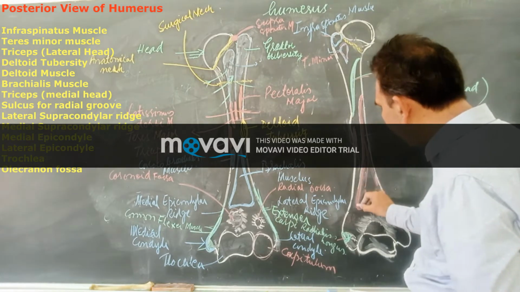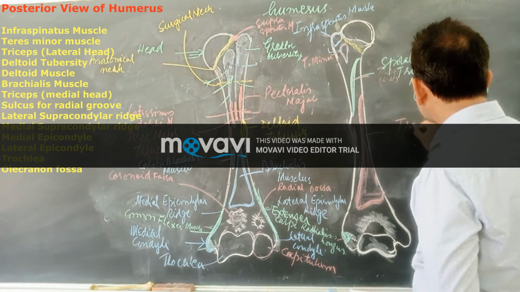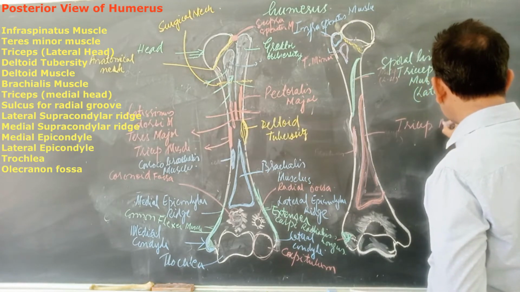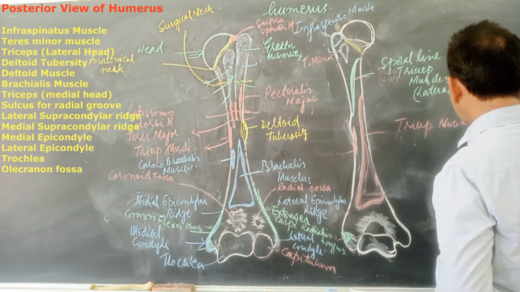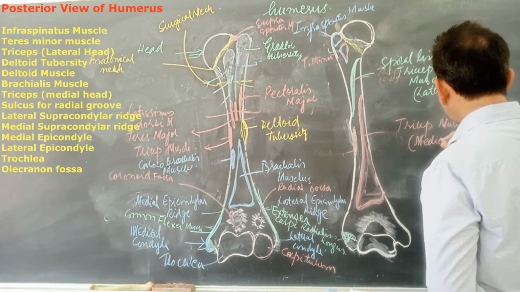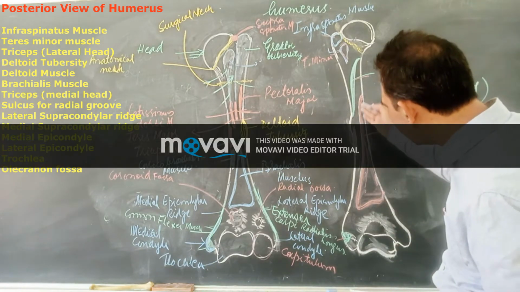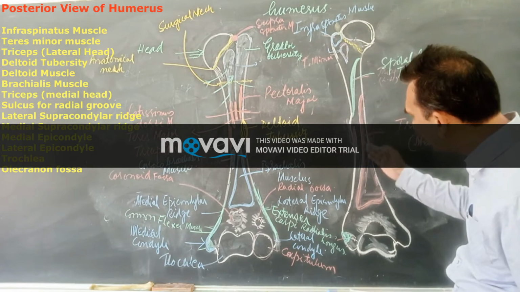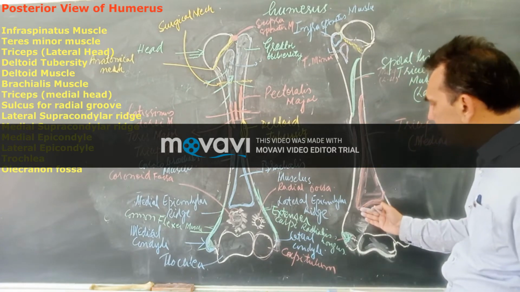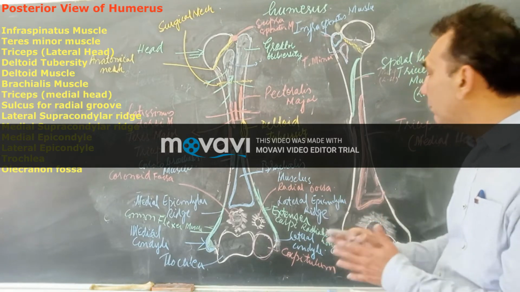This triangular surface area is again for the triceps muscle, but here the medial head of the triceps attaches over the larger, major portion from the shaft till the lower extremity of the posterior side of the humerus bone.